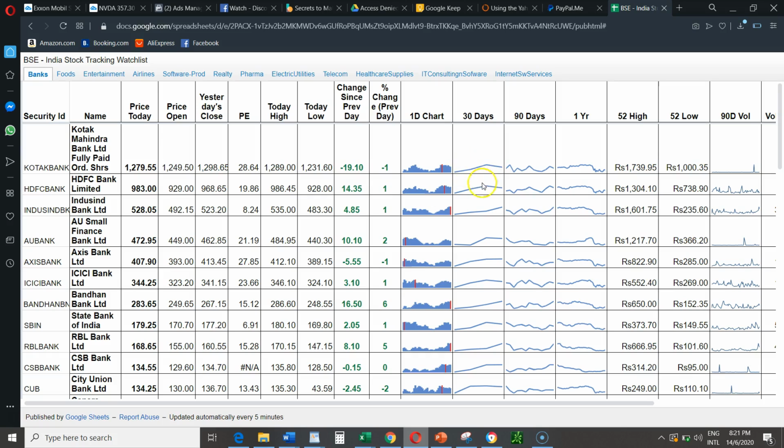So you can see which one is on a decline, which is on an upswing. With one look, you know straight away which stock is on an upswing, and then you can quickly compare this with a 90-day chart and a 1-year chart, where you can see that in the last 1 year these guys have fallen, right? Which means buying them makes sense now because they have fallen from their highs.